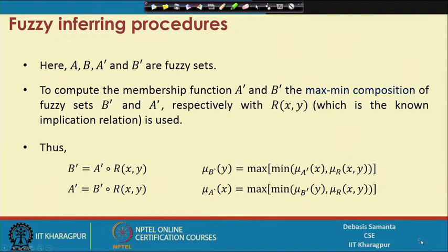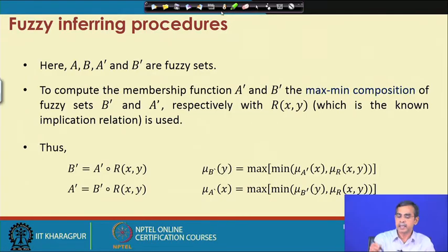Now, you can see the first rule, if x is A, then y is B, can be expressed in the form of a relation matrix, and we can represent it as R x y. And the next premise is x is A dash. Then this relation matrix R x y and A dash can be used to obtain B dash by applying the composition formula.